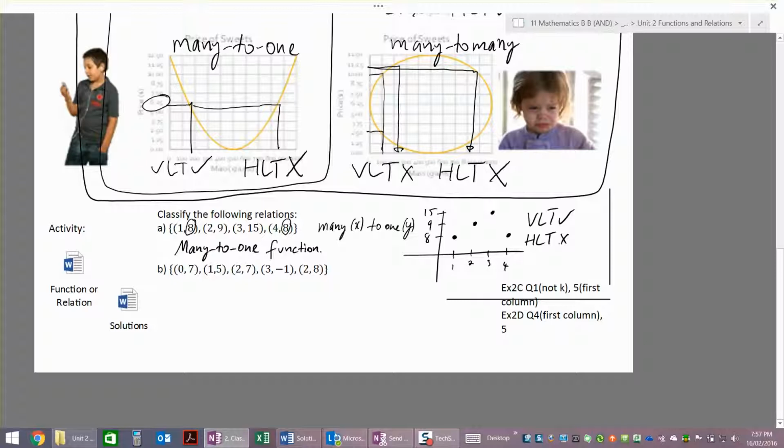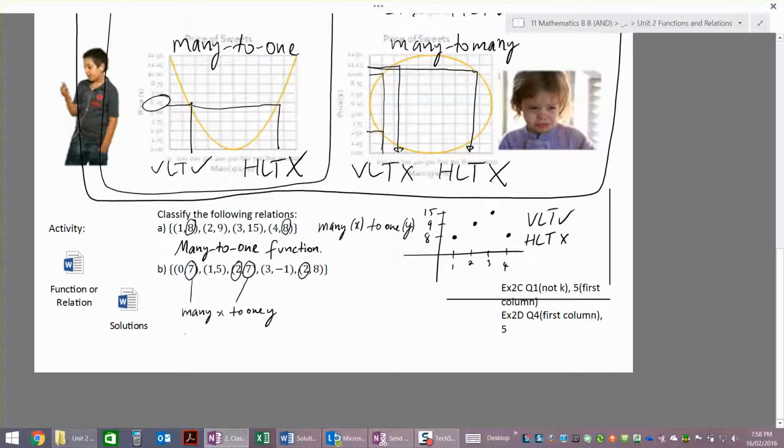Okay, the final one, I'll have a look and see if there's anything common. So I see these 7s are common. Anything else? I see these 2s are common as well. Dealing with the 7s, I've got many x values to the one y value in that scenario.